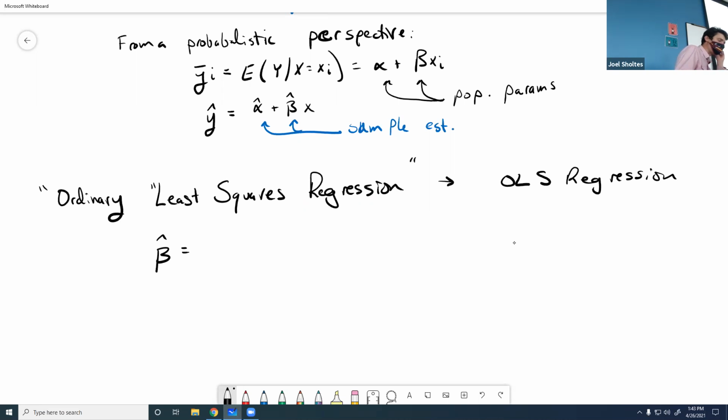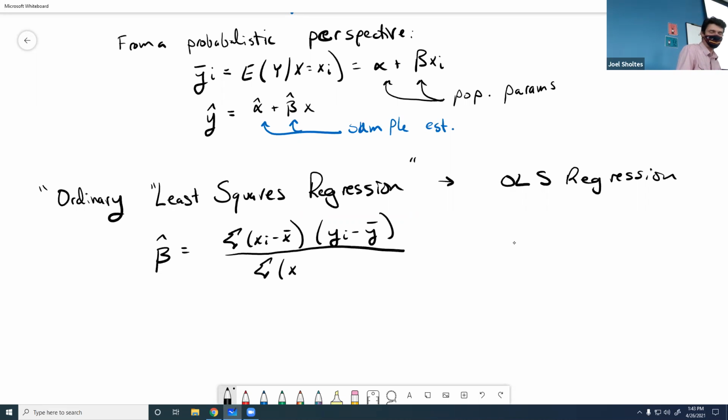Given a series of paired data, beta hat is equal to the sum of the differences between the individual observations and the mean, for X and for Y, divided by the squares of the differences of the X's. And this, of course, gives us our slope.